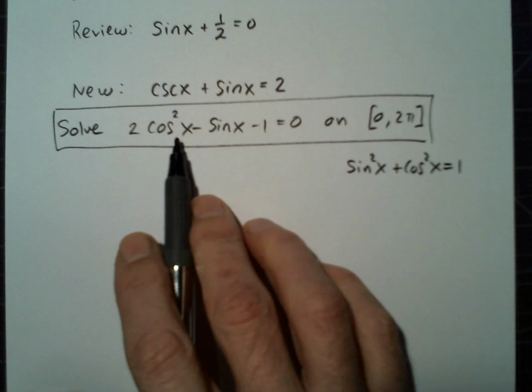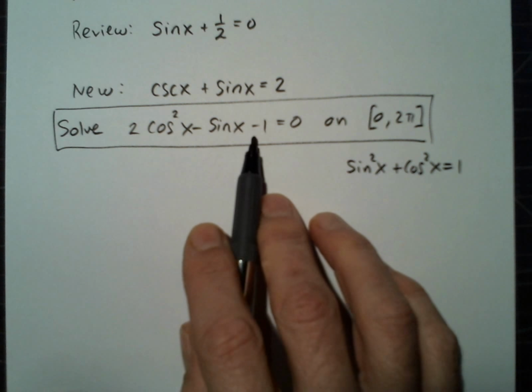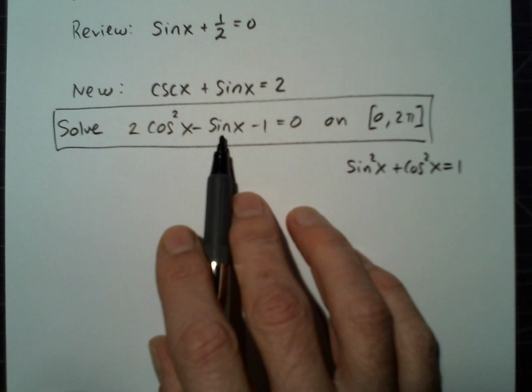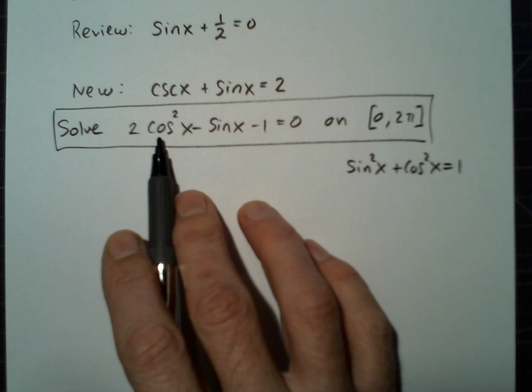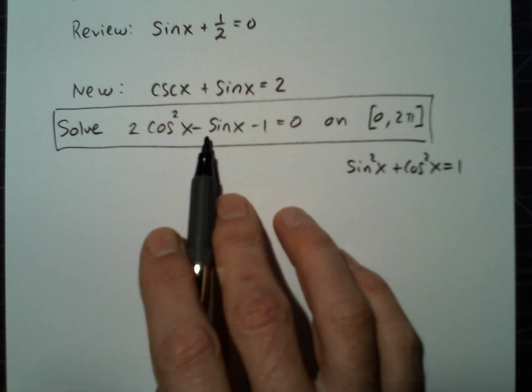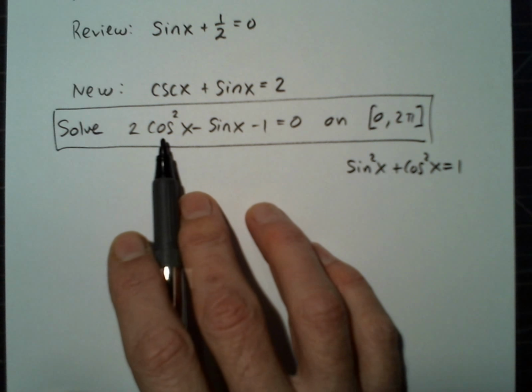And we also see something that could be factored like a quadratic. The only problem is we have different trig functions, so why don't we change this into a sine, because we can't change this into a cosine. So let's substitute for cosine squared.